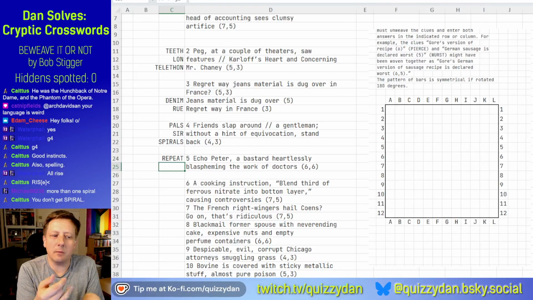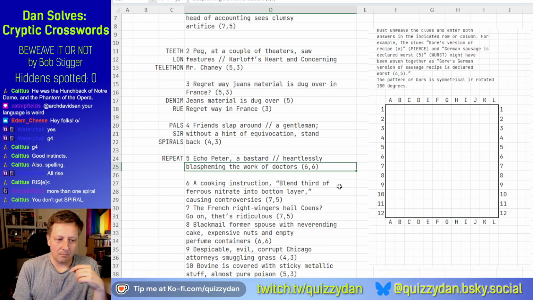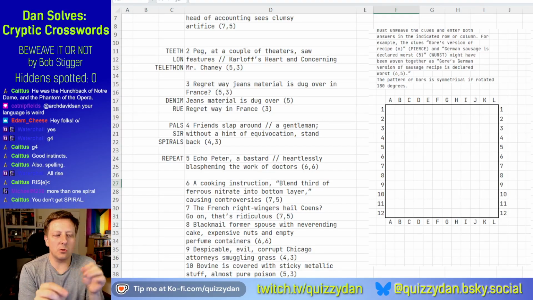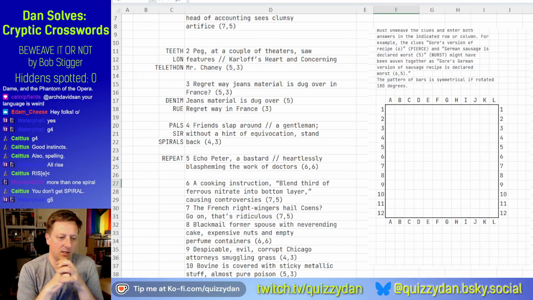Because it is an anagram of Peter A and it means echo. And I assume bastard, if something's bastard, it's corrupt. So have we got again a nice break in the clues? Could heartlessly be an anagram indicator? Because I'm just wondering, having three, I was going to say three of these on the chop, but it's not, of course, because I just did three across first.